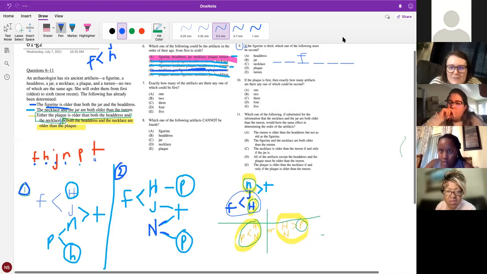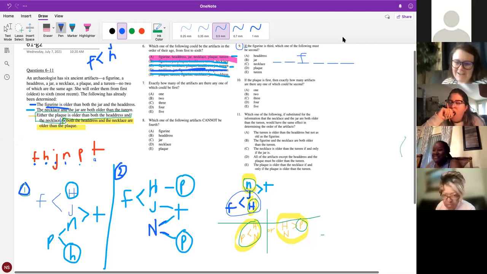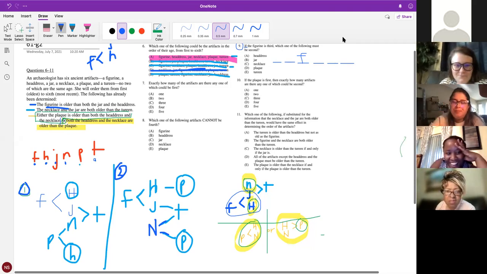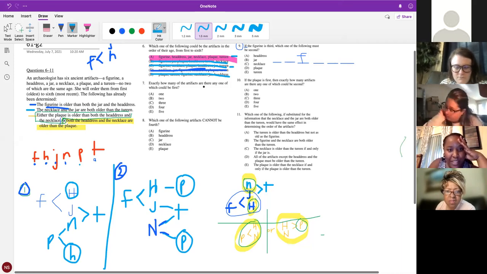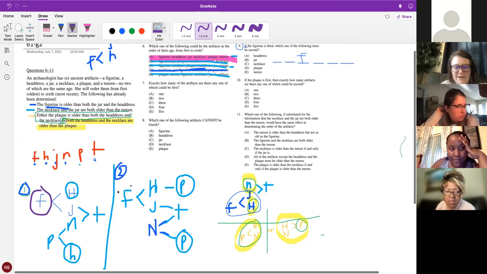All right, Ilka, what was the first thing that you did for this one when we put figurine as third? Where did your mind go? Well, my first thought was that H and J. Oh, okay. If figurine is third, I went down and looked at figurine in both of my scenarios.